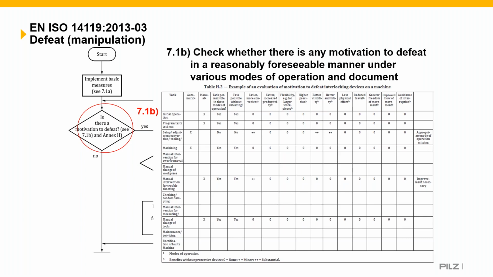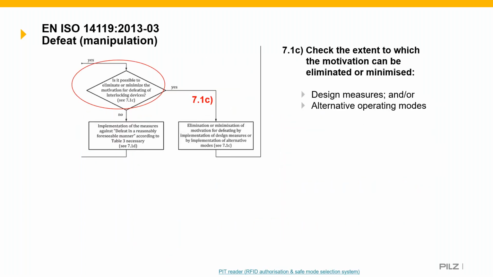So table H1 gives the most common operator tasks versus the respective benefits when defeating the interlocking device. And H2, as shown in the slide, gives examples of an evaluation of motivation to defeat interlocking devices on the machine. So if there is a motivation to defeat, can we eliminate or minimize?